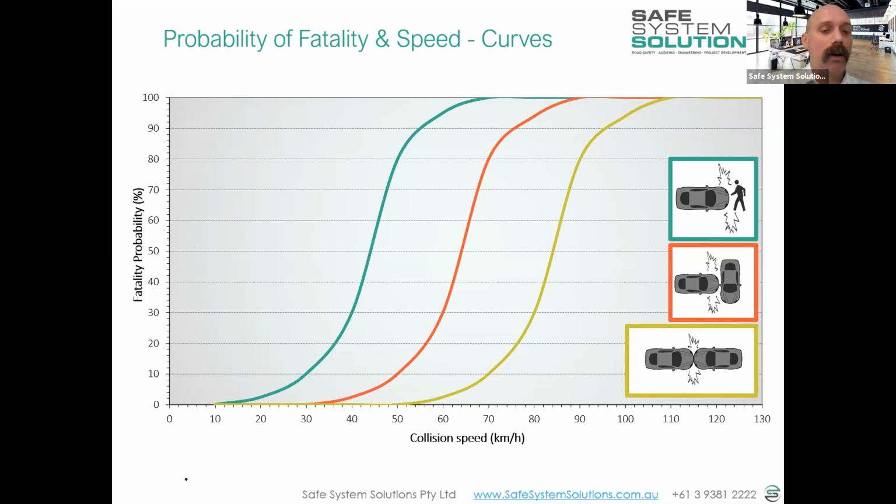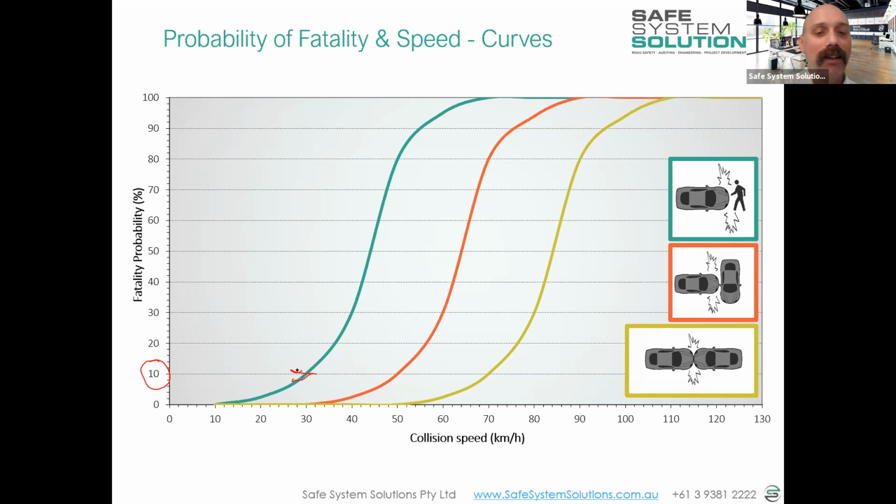So we'll just run through this again, and you'll see here that the green line is that passenger vehicle striking a pedestrian. And I talked about that 10% chance that a strike at that speed will be fatal to the pedestrian.